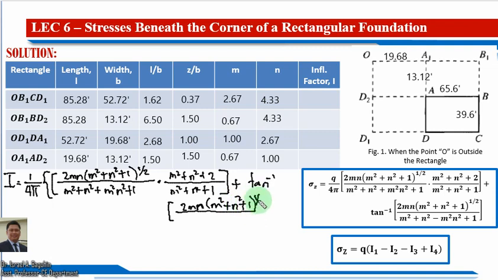And then we add the inverse tangent of this quantity: 2mn times the square root of m squared plus n squared plus 1, all over m squared plus n squared minus m squared n squared plus 1.